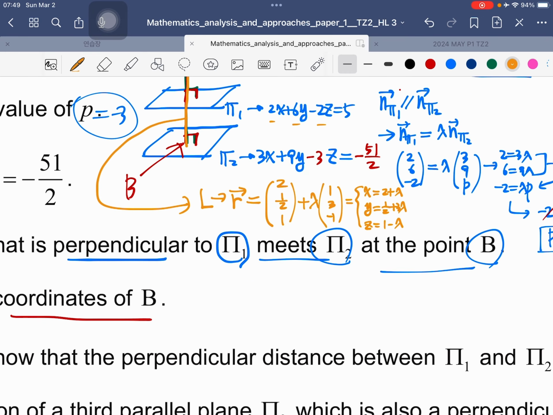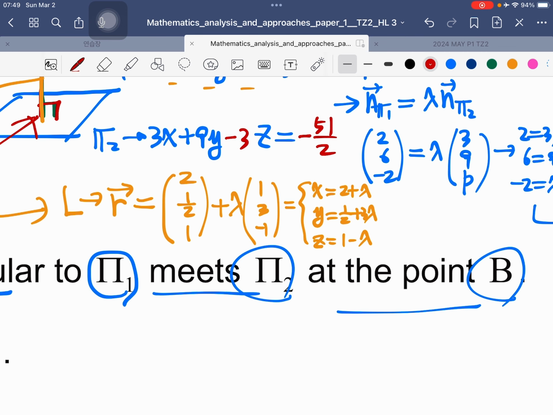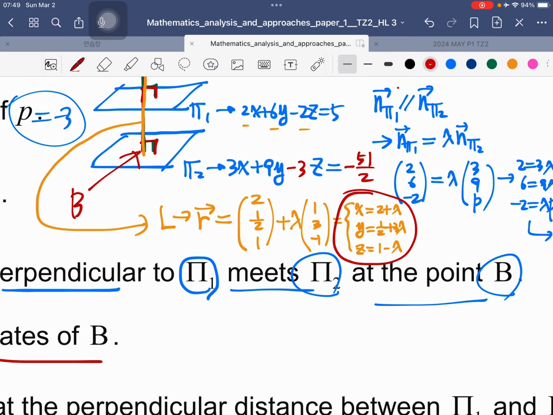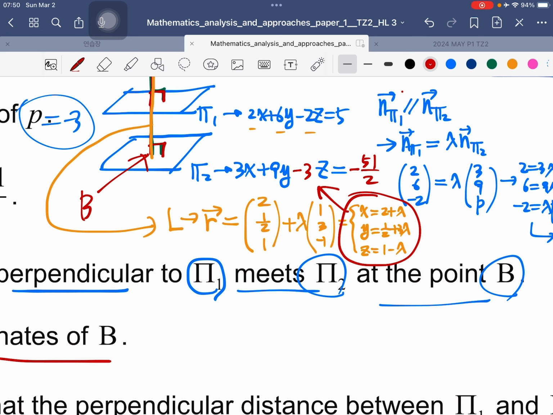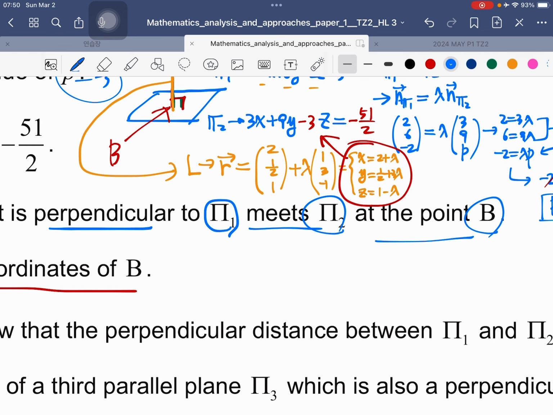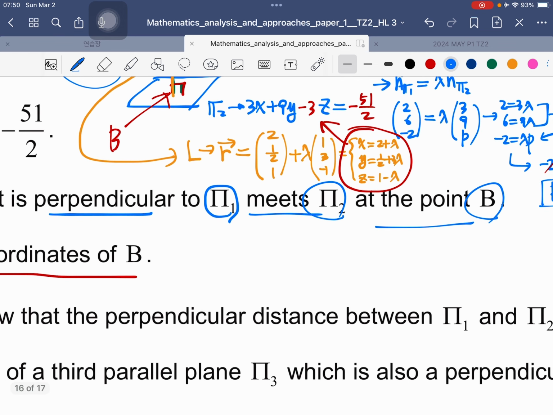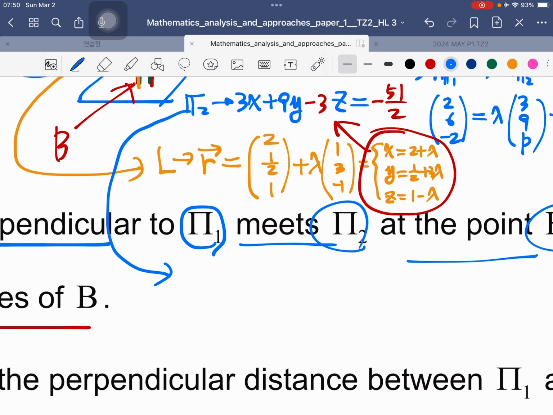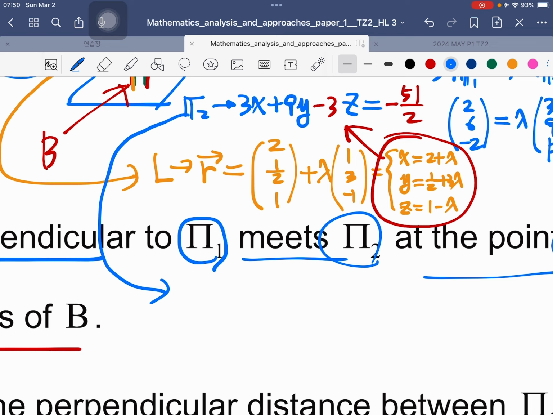Because point B is the intersection point between line L and plane pi 2, we can simply put this coordinate into plane number 2 and find lambda to get the coordinates. Right, so let's do that. We put that coordinate into the plane equation.